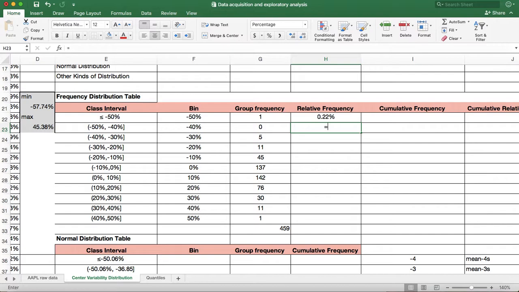Also the second one, 0, the third one, 5. We got the percentage. We don't need to do this one by one, just double click here.